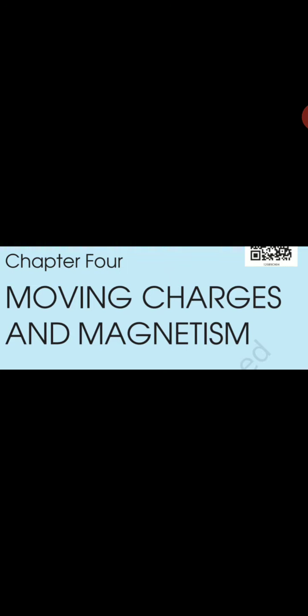Second, with the help of a current carrying conductor, automatically the magnetic field will be generated around it. Third, whenever a charge is flowing, that is the moving charge, it always generates a magnetic field. And fourth, the varying or changing electric field also generates a magnetic field.